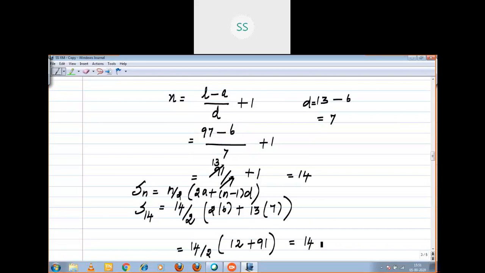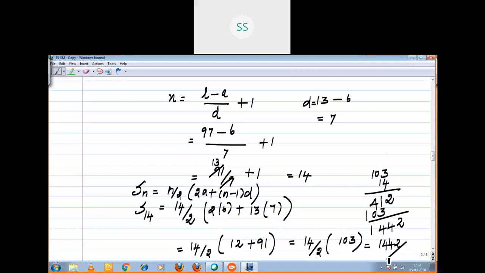14 by 2 into how much? 103. Got it? 103. Now 103 into 14. 103 times 4 is 412, then 103 times 1 is 103, so 1442 divided by 2, which is equal to 721.